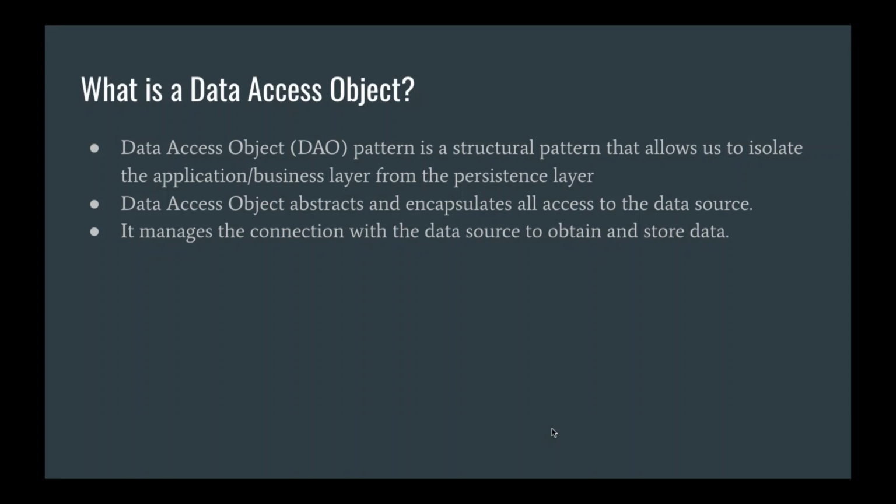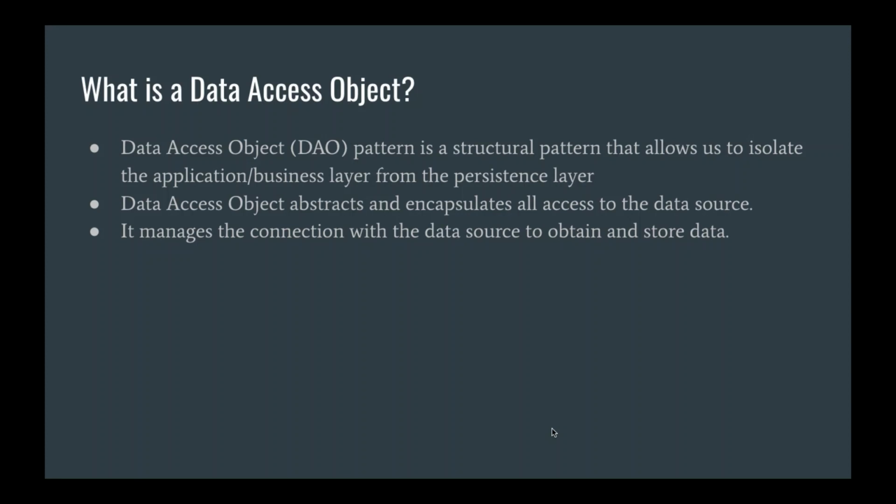At this point, you are also able to abstract and encapsulate all access to the data source, which will be the database. You want to abstract that responsibility from the business layer into a different layer that allows you to transact in the most meaningful way without compromising the two, especially the persistence layer.